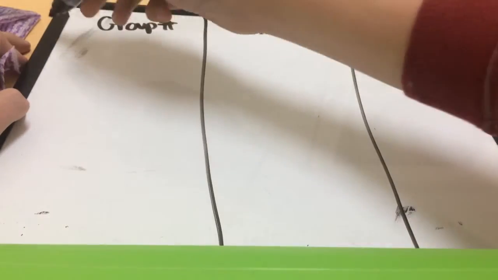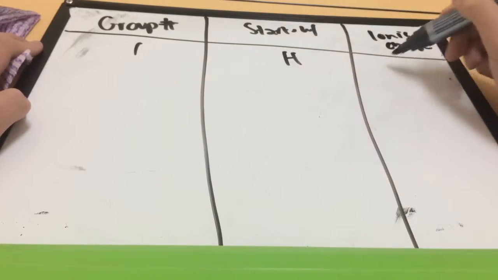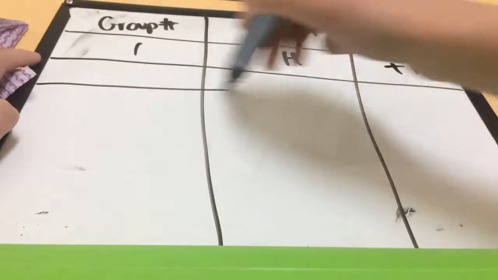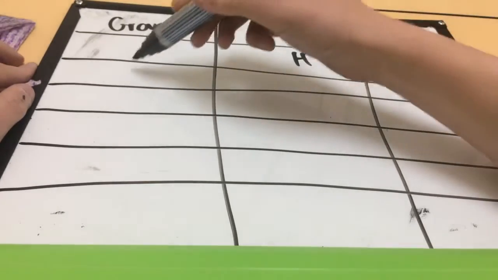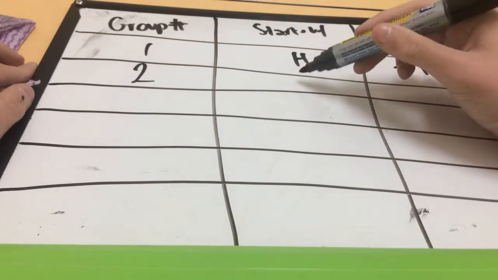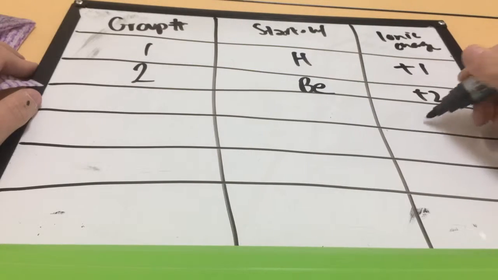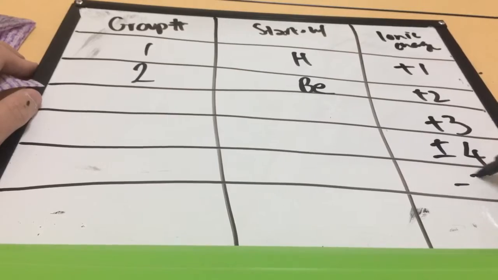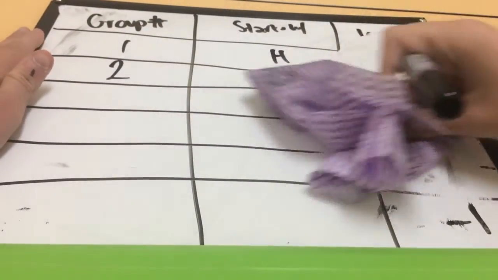So group number 1, which starts with hydrogen, has a +1 charge. I'm going to draw a few of these, so you guys sort of get the point. Group 2, which starts with beryllium, element 4, has a +2. Then 3, plus minus 4, minus 3, minus 2, minus 1.